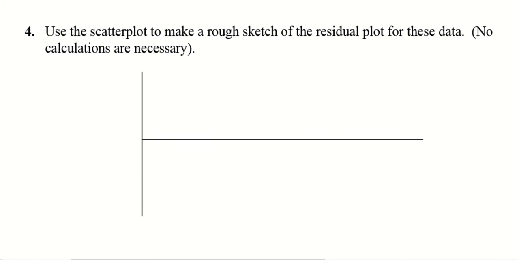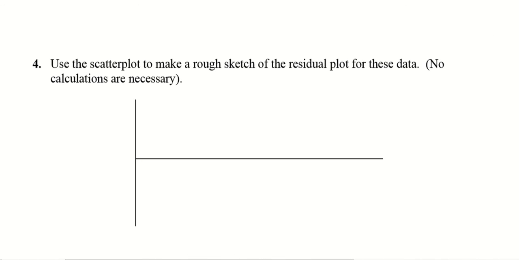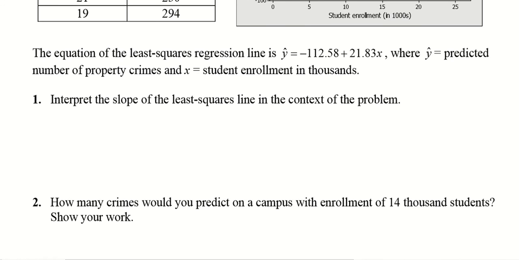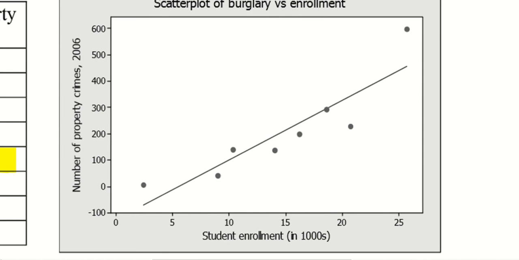Let's see here. Use the scatter plot to make a rough sketch of the residual plot for these data. No calculations are necessary. So for residuals, remember, if our observation is above the prediction line, that's going to dictate where that goes on the residual plot. For all of these points on the original scatter plot that fell below the prediction line, that's a negative residual.